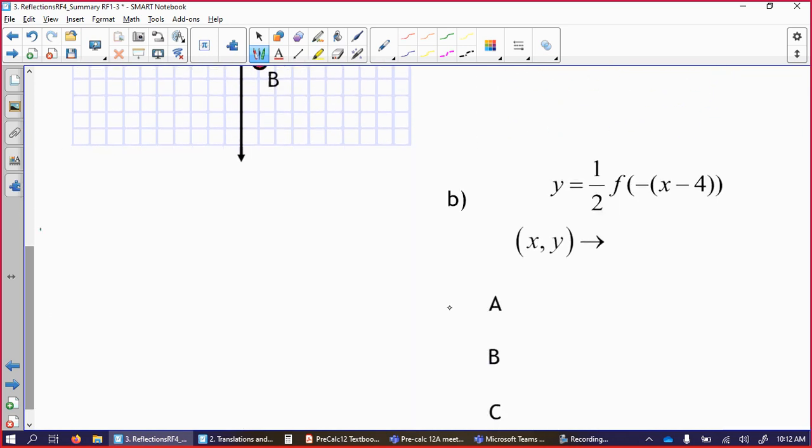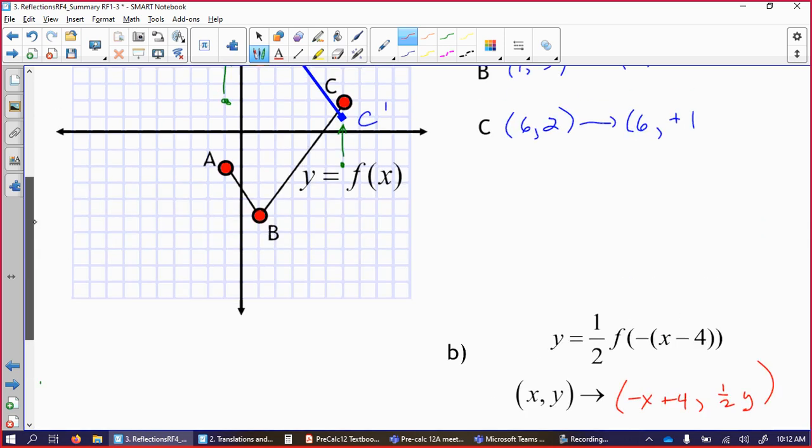Oh, this is going to get fun graphing. We'll put it on here. Different color. So for the y values, half of the y values, a negative x, that 4 is still positive, so negative x plus 4.